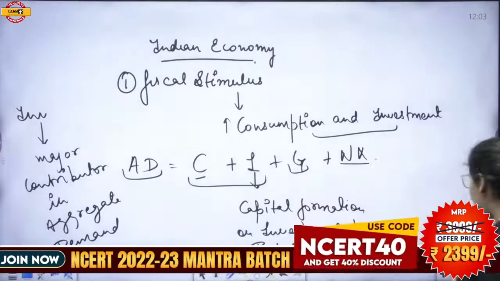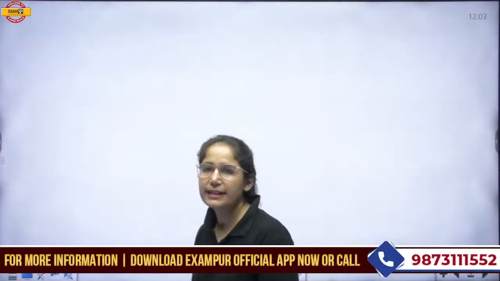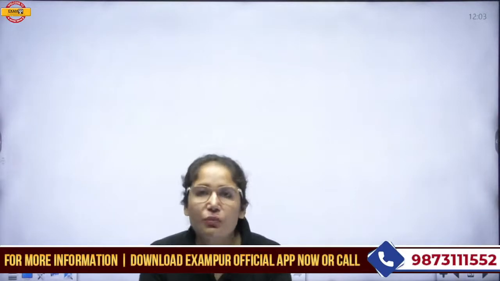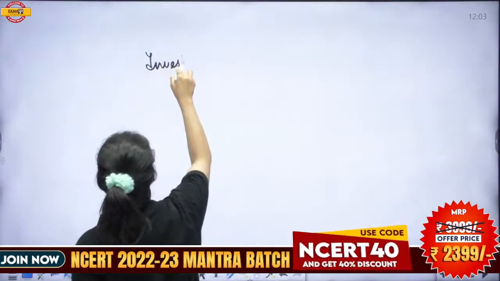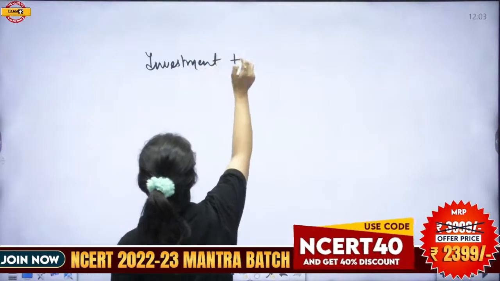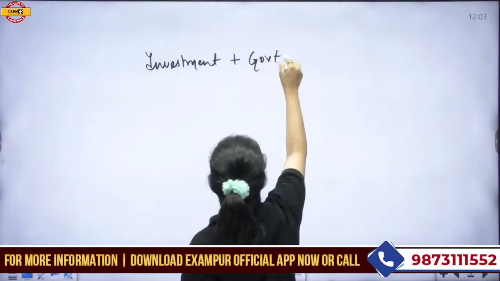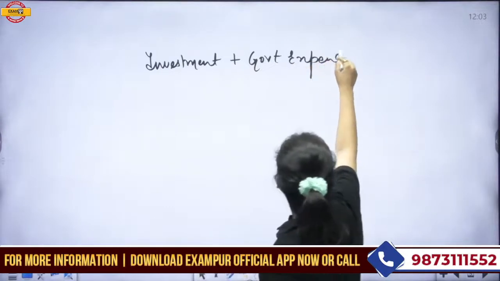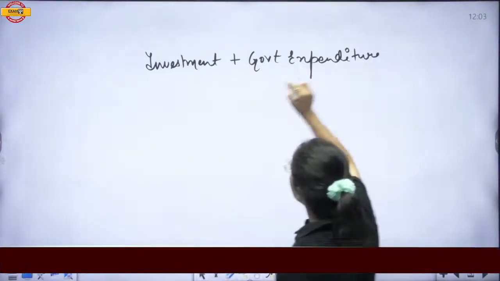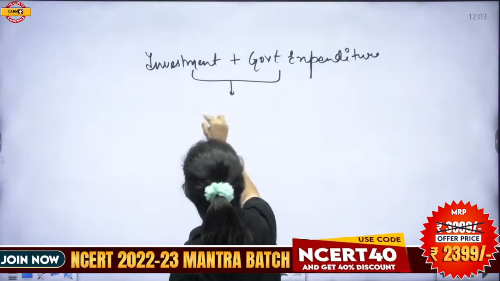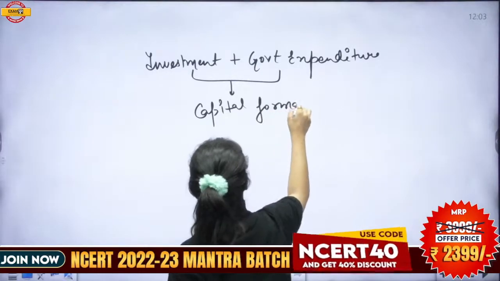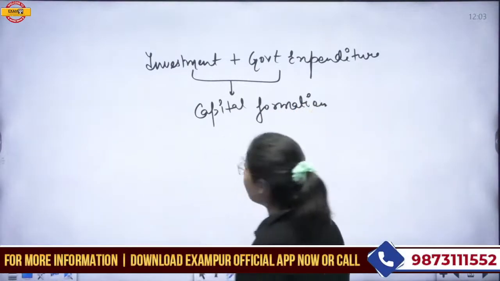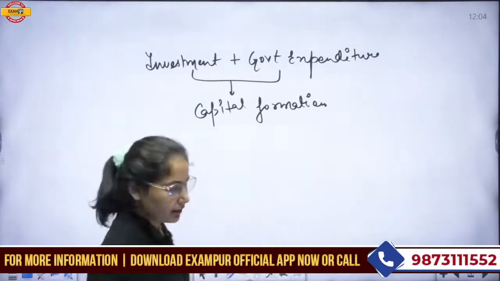Okay, so what we want to convey here is private capital formation, whatever level of capital formation, investment taking place in the economy. This investment and the government expenditure, if both are contributing towards capital formation, capital formation is going to generate the income level.